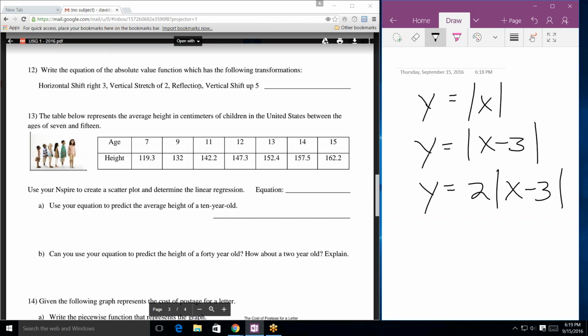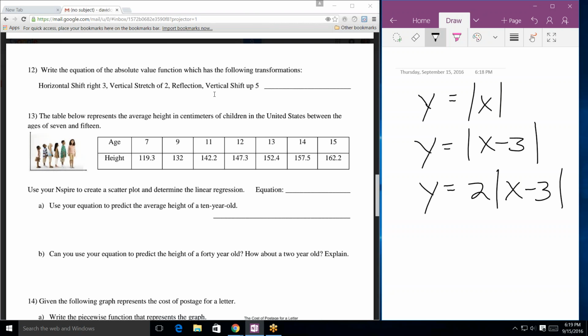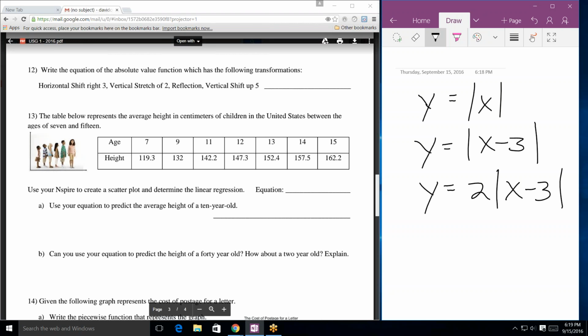Oh man, I can't believe they did this. They said just a reflection. They didn't tell you which axis, and they are different. If we reflect over the x-axis, that negative sign goes out in front.